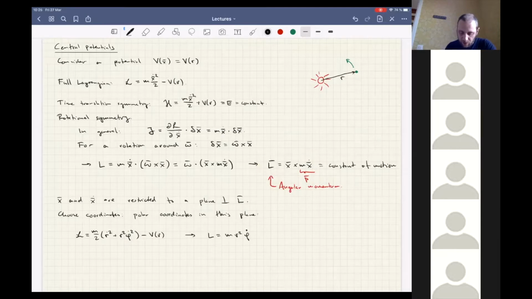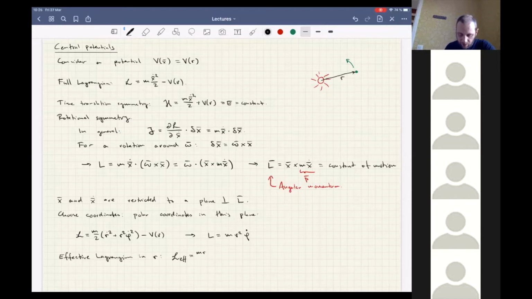So using this constant of motion, exactly as we did last time, we can rewrite this problem as an effective problem in r only. So our effective Lagrangian in the r coordinate is going to be L effective.